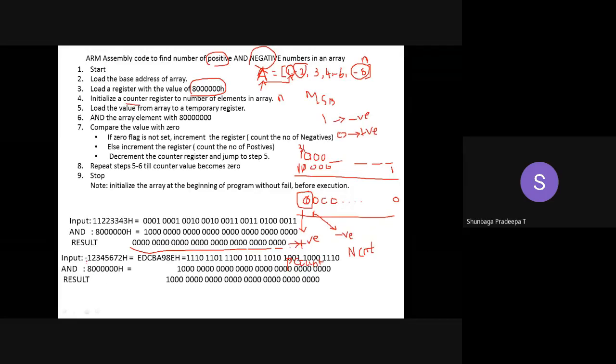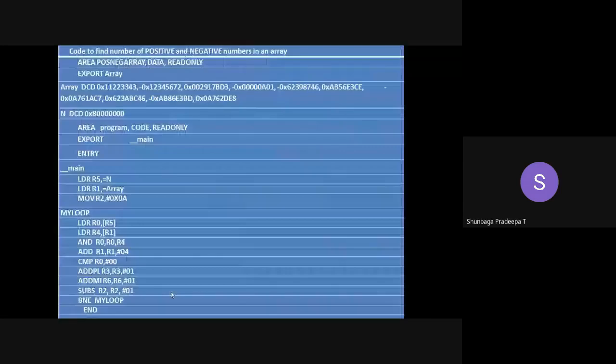Suppose it is a negative number: the 2's complement data will be taken and ANDed. Here you get 1. If one input is 0, the result is obviously 0, so only your MSB bit will be present. It is a negative number. This way you can count the number of positive and negative elements in the array.